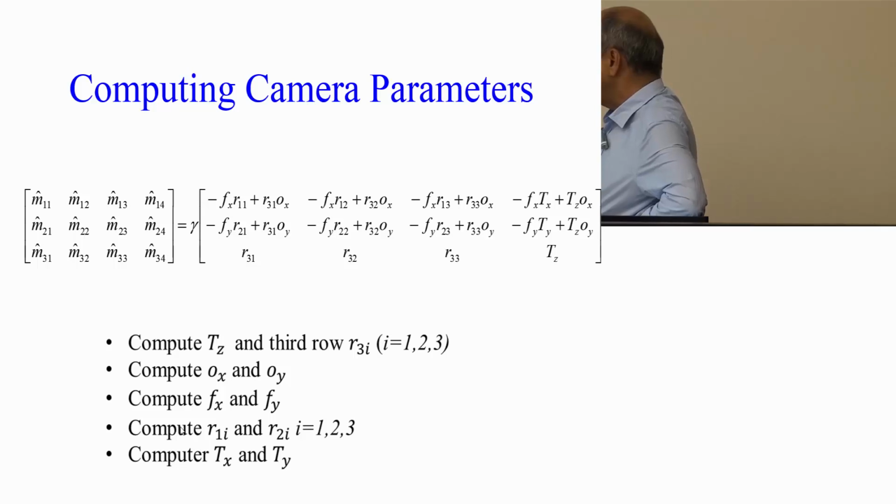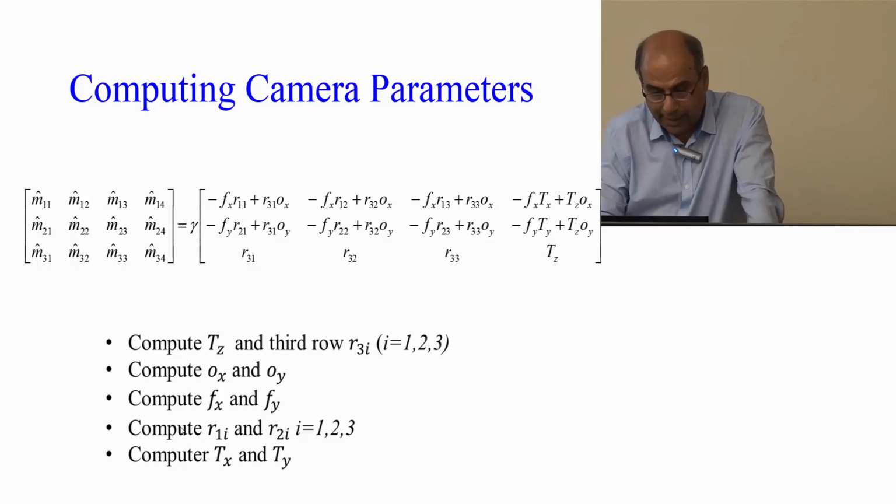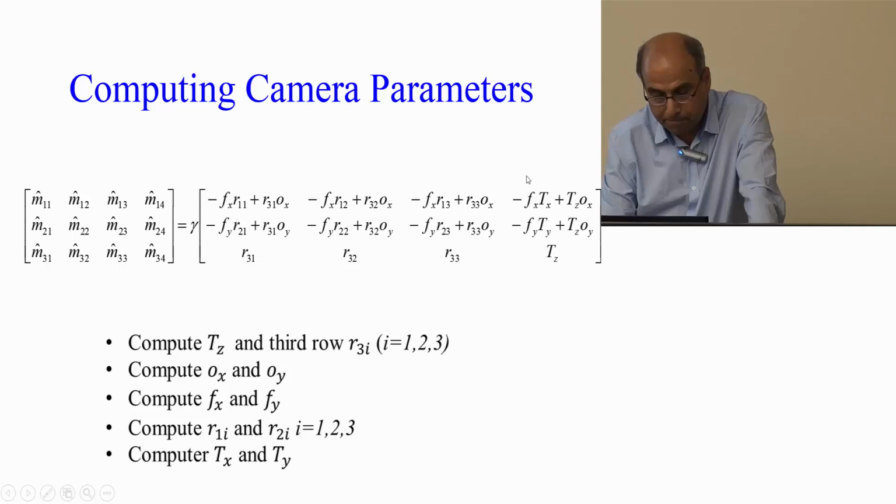We're going to compute TZ, and we are going to compute the third row of the rotation matrix. Once we know that, then we are going to compute this row. If we know R31, then we'll show we can compute OX, and similarly we can compute OY also.